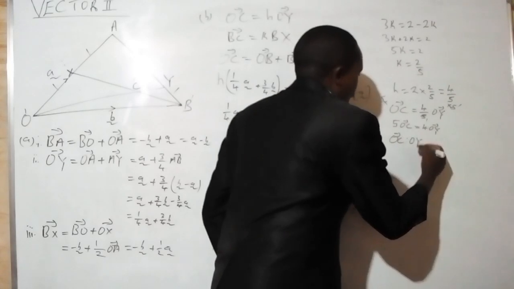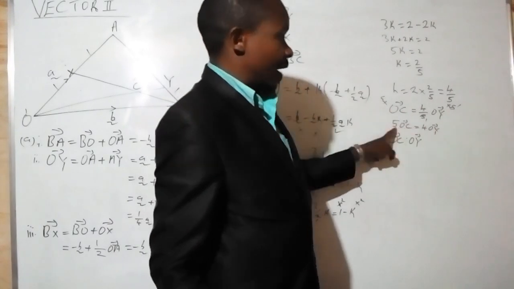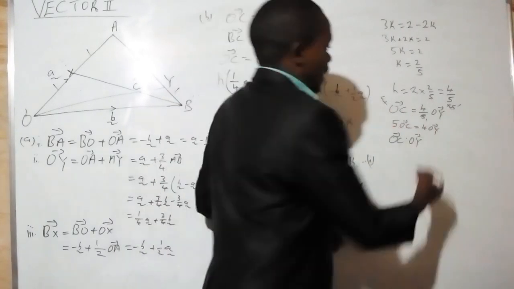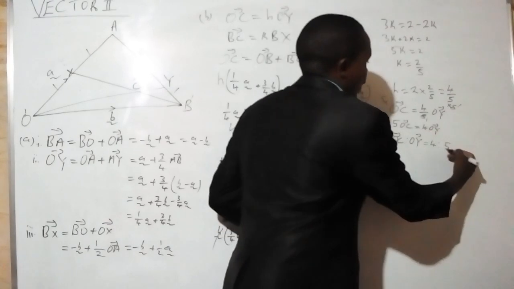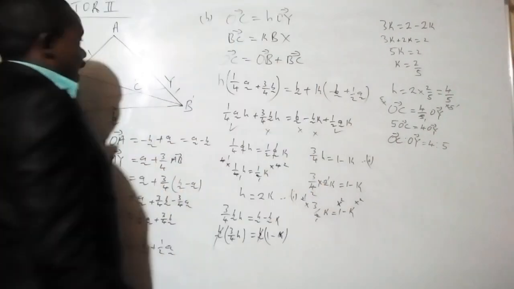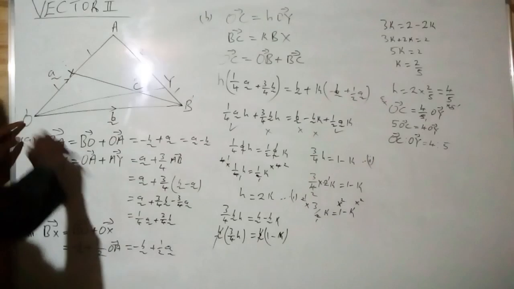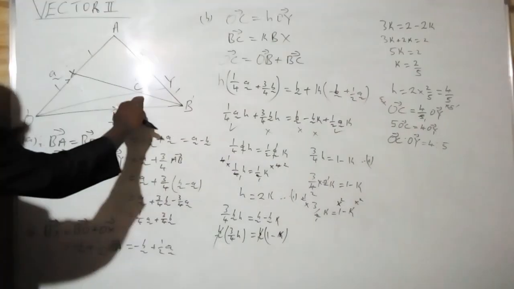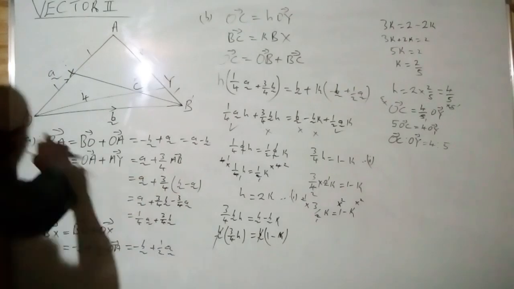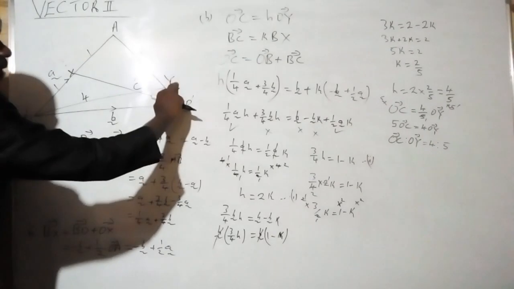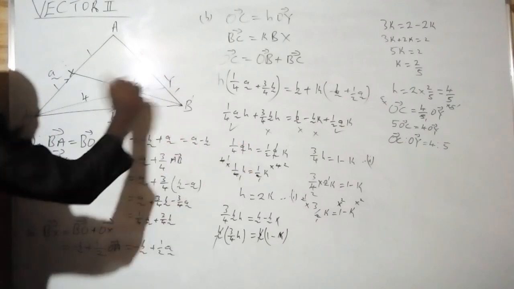OC goes with the number on the opposite side, and that is 4. Then OY goes with 5. And we come here and prove whether correct or wrong. From O to C it's 4. So that from O to Y total is 5. It means CY will be 5 minus 4, it's 1. Like that. So that one is correct.